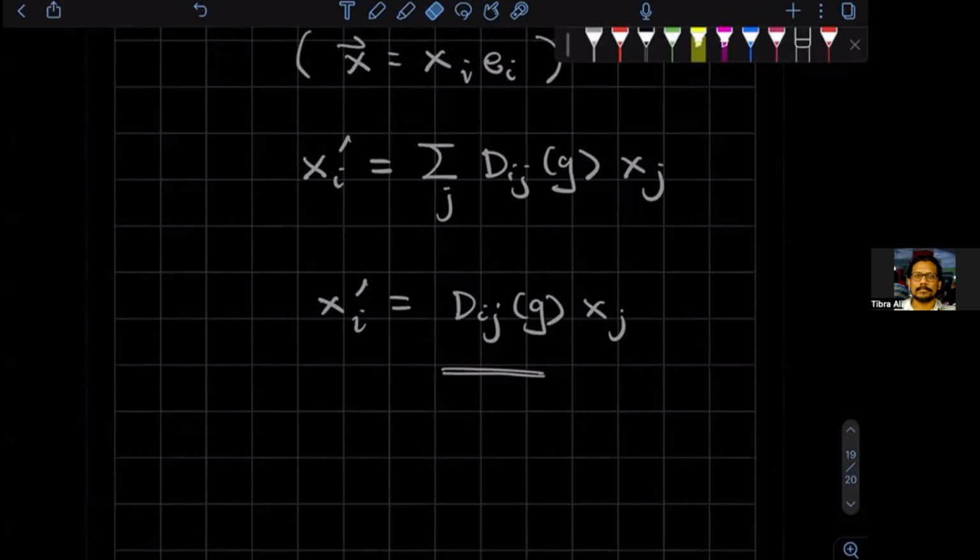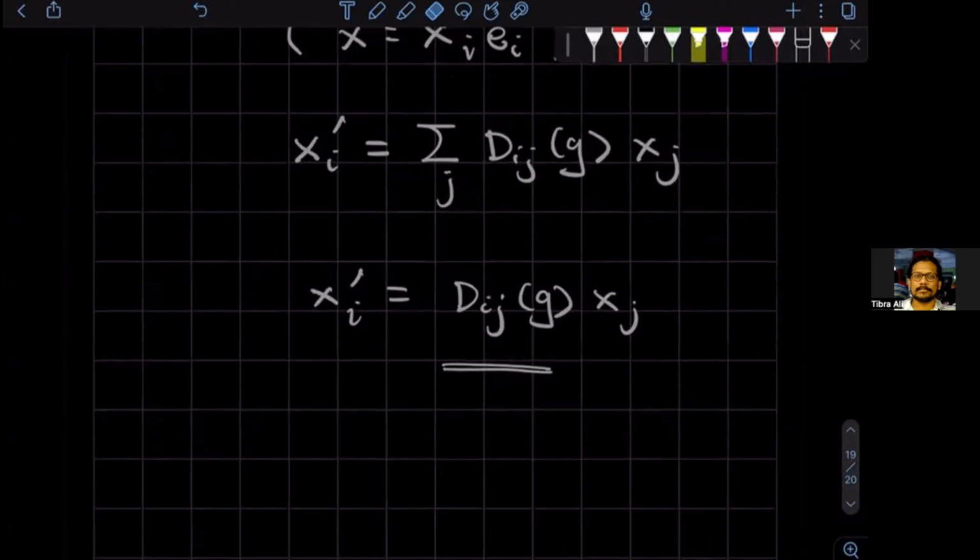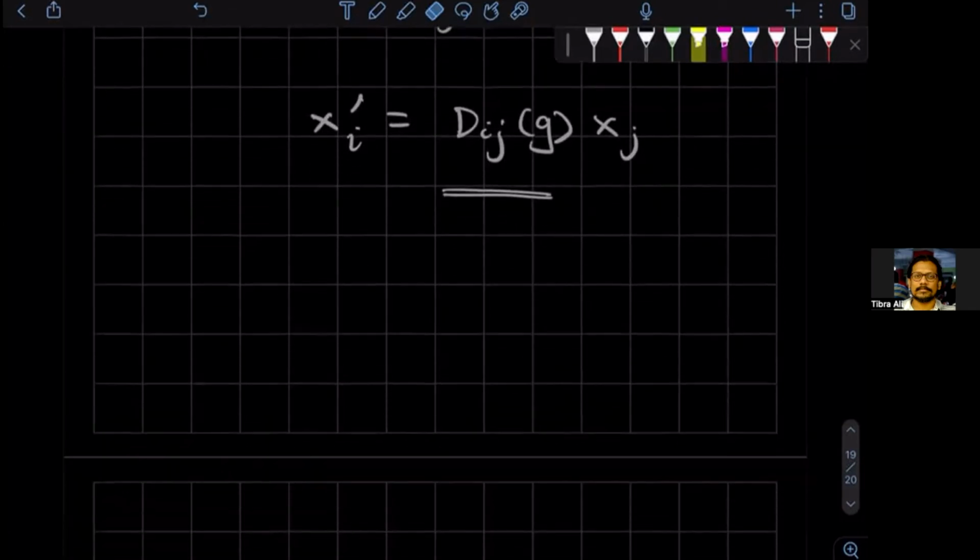Okay, so now that we have defined what matrix representations are, let me formally define what a matrix Lie group is, okay?